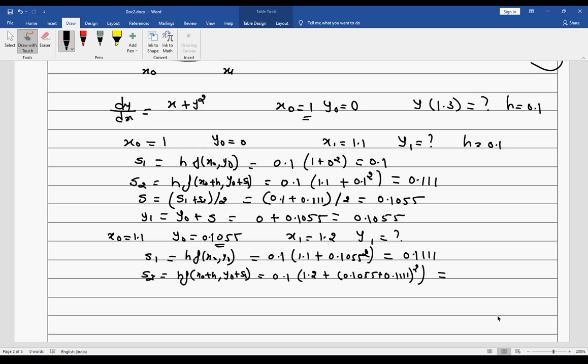I got two different answers. 0.12469. Okay, so this is the value. Now I will get the S, that is S1 plus S2 by 2.